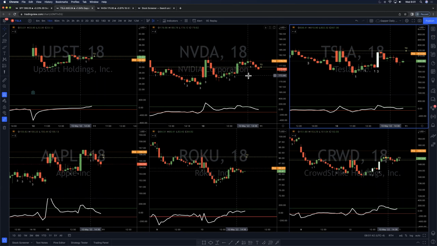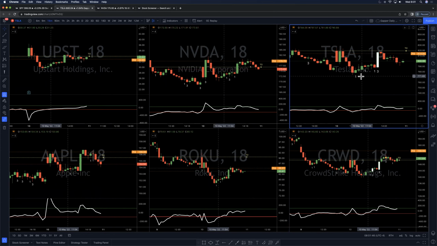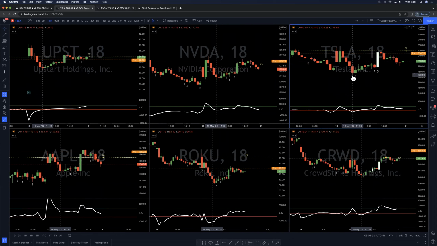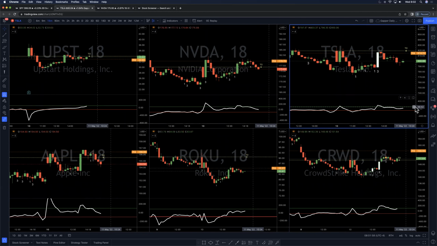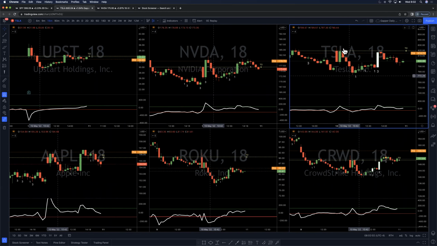My point is, if you just set up your charts like I do and be patient, you can see those triangles a lot clearer on a longer time frame than on a shorter time frame. So just think about that.